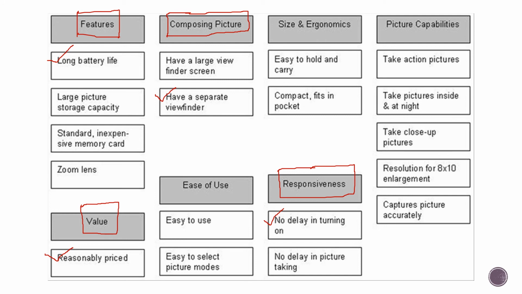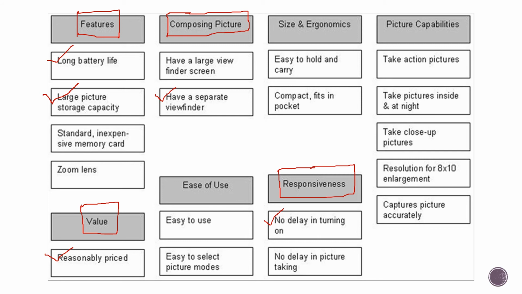So when you come up with these four heads, these four categories, what is going to happen is someone in your group will start to think around features and might come up with another idea, that large picture storage capacity should be one of the features of the camera.